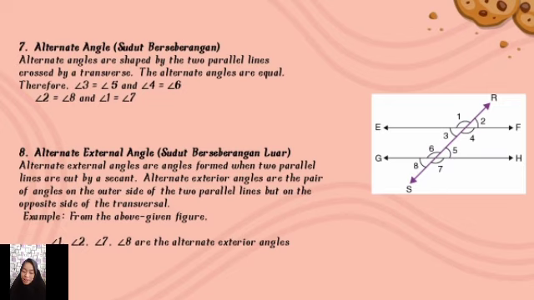Alternate exterior angles are the pair of angles on the outer side of the two parallel lines, but on the opposite side of the transversal. Example from the above given picture, we can see again angle 1, angle 2, angle 7, and angle 8 are the alternate exterior angles.